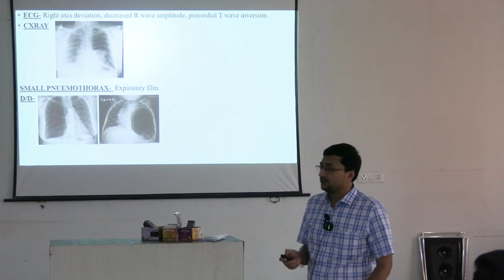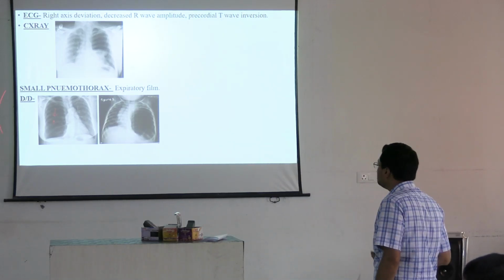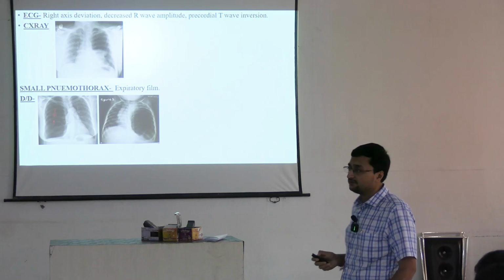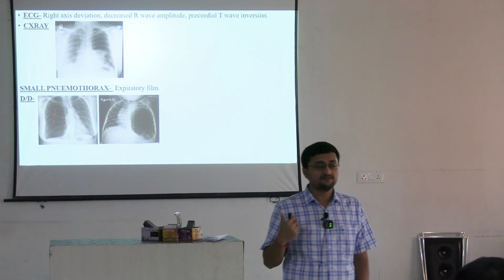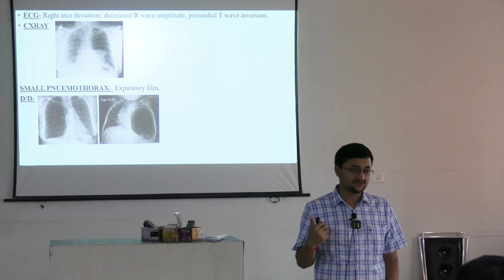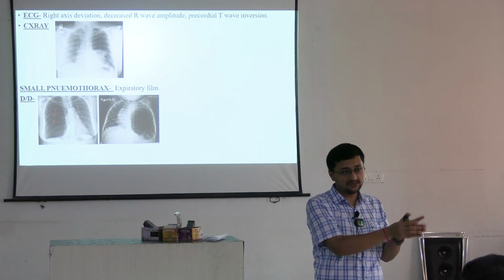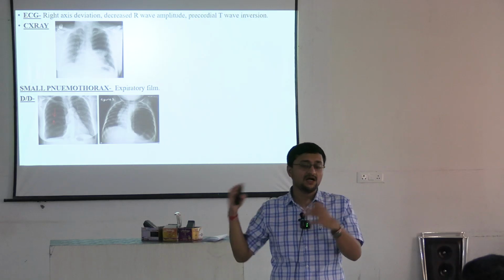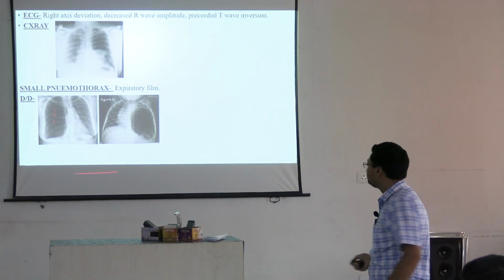Now definitely the next investigations, in case of ECG, right axis deviation may be there, but probably this is in a case of tension pneumothorax, where there will be a shift of mediastinum to the opposite side, then there is a rightward axis deviation, R amplitude will be decreased, right? Not in normal pneumothorax.